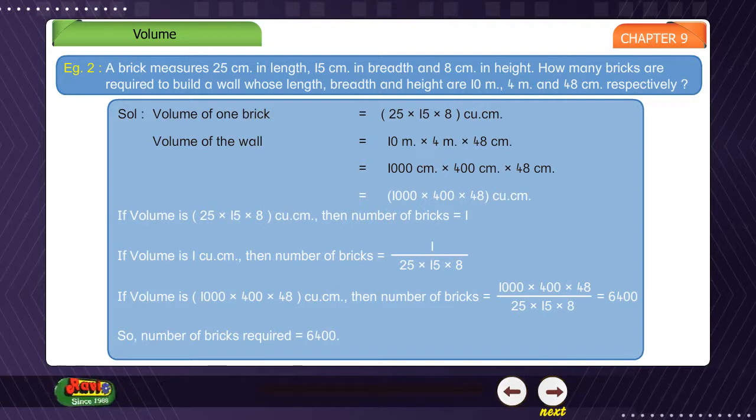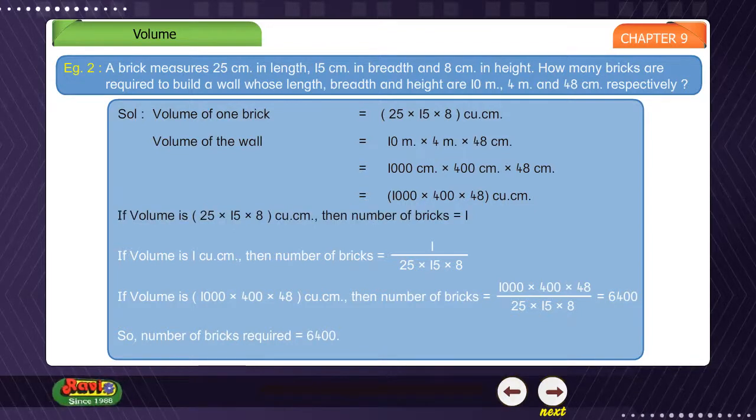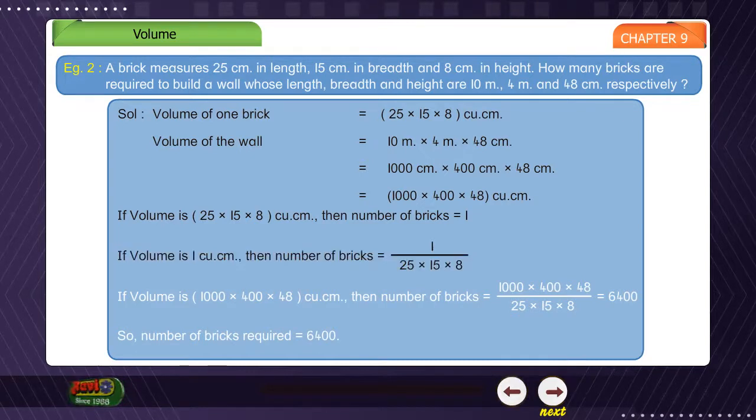into 48 centimeters, is equal to 1000 into 400 into 48 cubic centimeters. If volume is 25 into 15 into 8 cubic centimeters, then number of bricks is equal to 1. If volume is 1 cubic centimeter, then number of bricks is equal to 1 by 25 into 15 into 8.